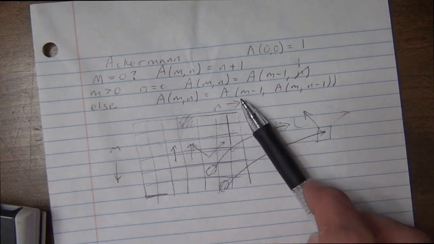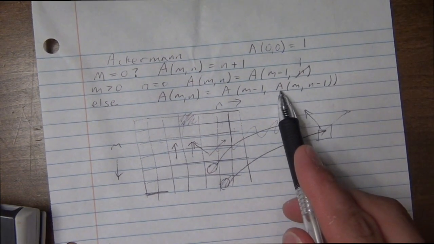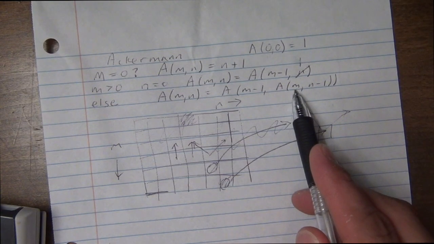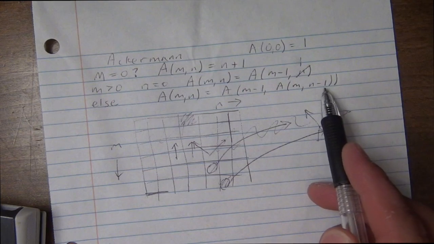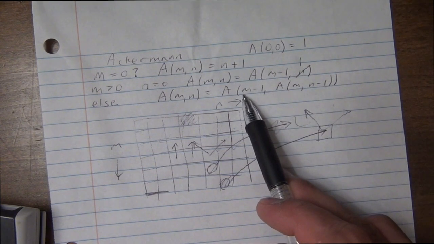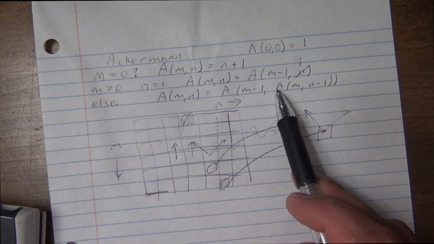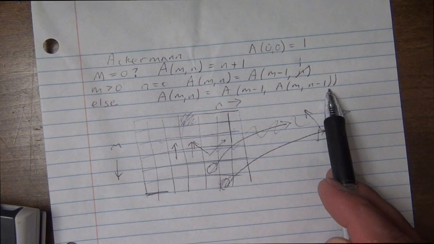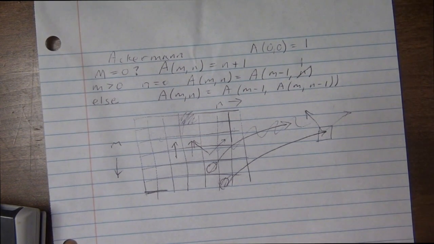I have to tell it where I was last. So I was looking for the one with m and n-1 last. But before that, I was looking for m-1 with that value. So I would have to store all that information on the stack, which is what recursion does.